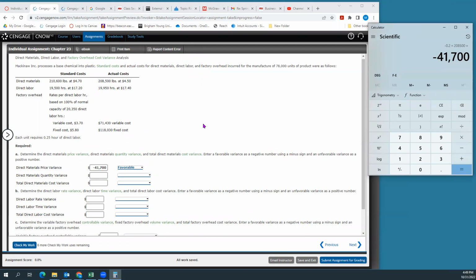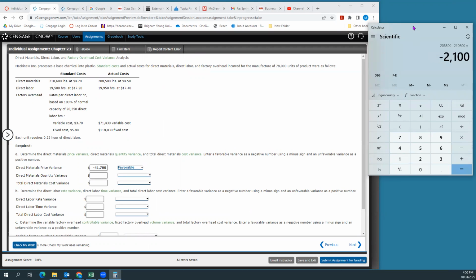All right. So second, we're going to find our direct materials quantity variance. The quantity variance is the actual quantity minus the standard quantity times the standard price. So here I have my actual quantity, 208,500, minus my standard quantity, which is 210,600.